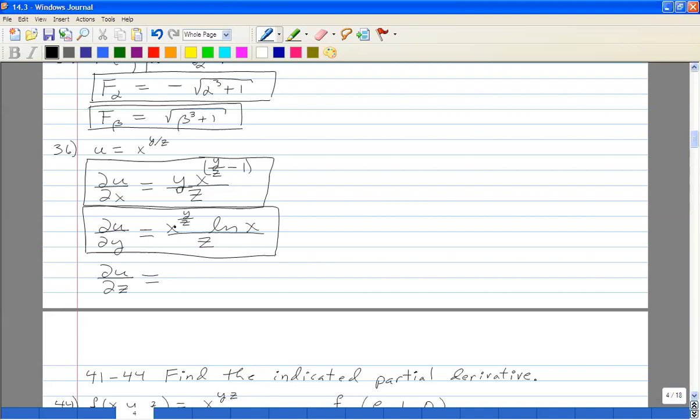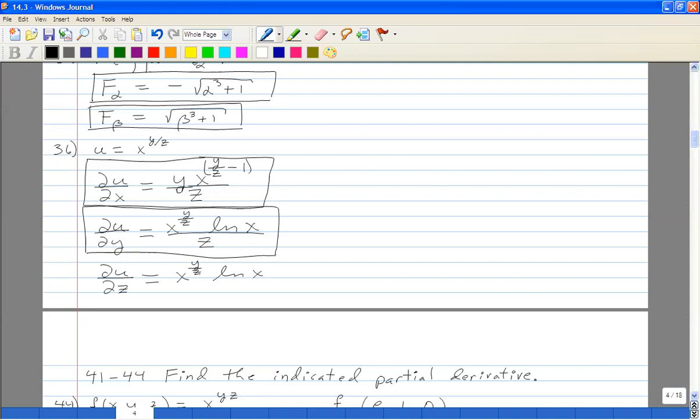It's going to be like in the previous one. It's x to the y over z times ln of x times the derivative of the exponent.